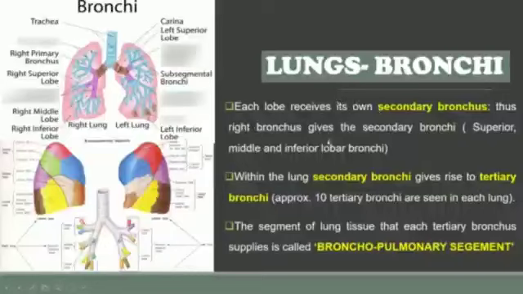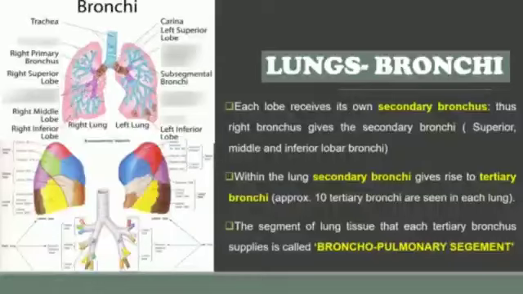So you see here, each lobe of the lung, this is the upper lobe, this is the middle lobe, this is the lower lobe. Each lobe is receiving one bronchus. Hence this secondary bronchi, this purple colored bronchi, you call them lobar bronchi.